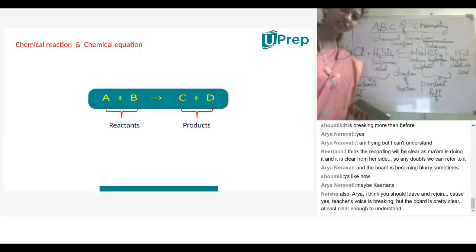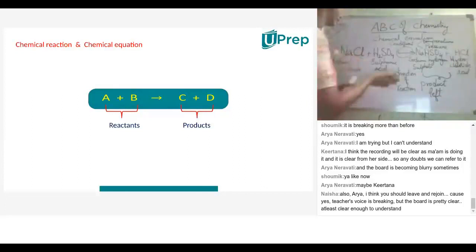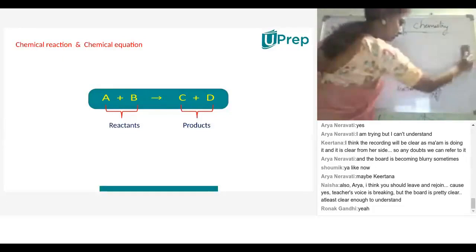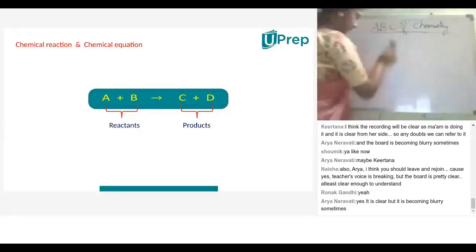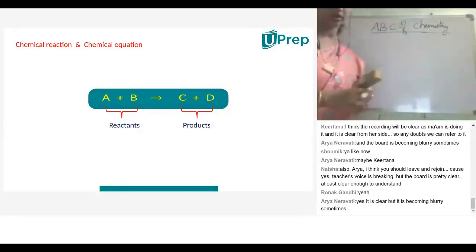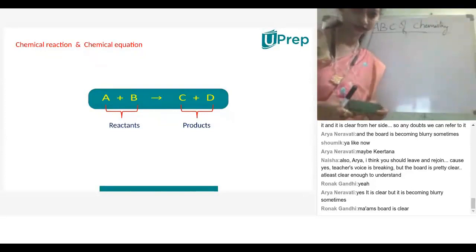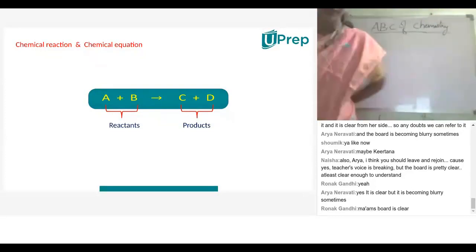What are the conditions? Temperature and pressure. Very good. So this is one example of a chemical reaction, and we have represented it on the board. This is nothing but a chemical equation. Understood, children? Yeah, ma'am.